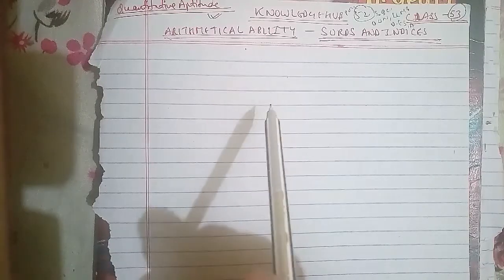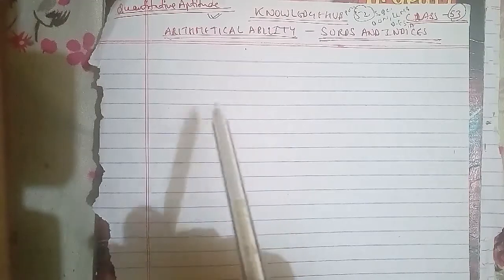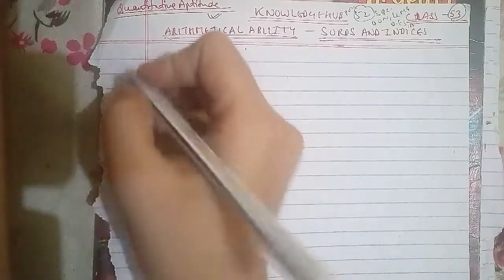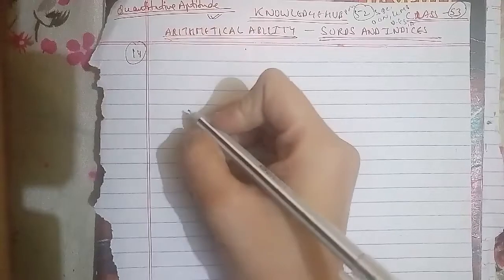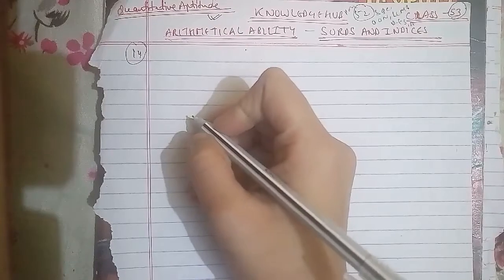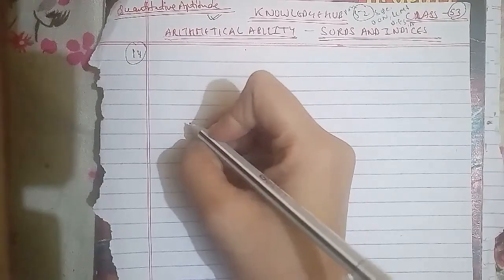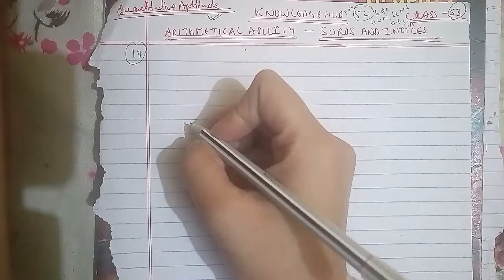We'll go ahead with the 14th question of the session. The question states that if x equals y to the power a, y equals z to the power b, and z equals x to the power c, then find the value of abc.